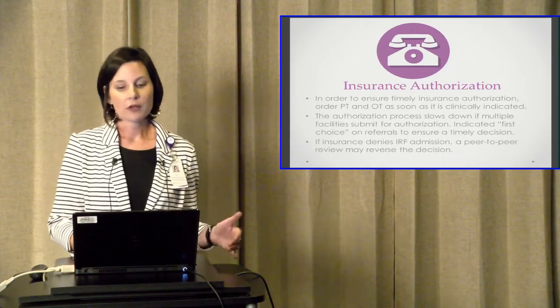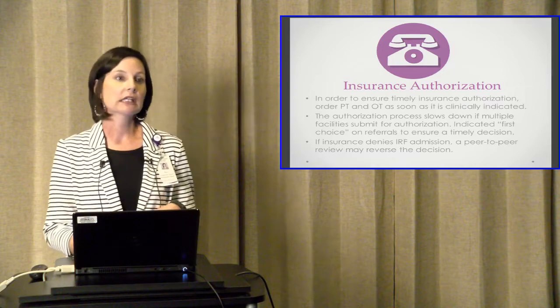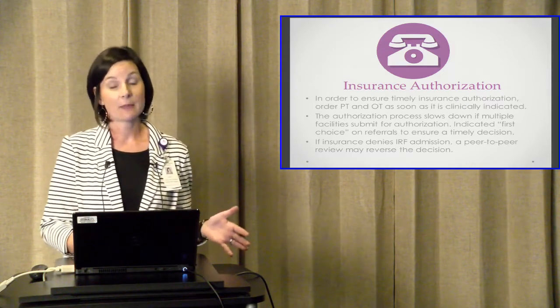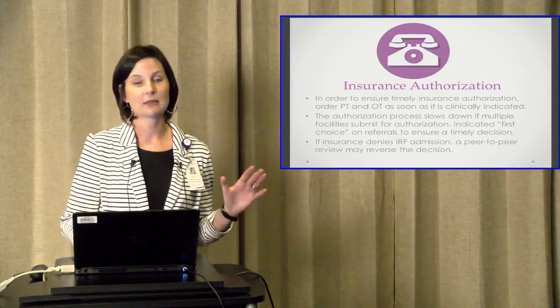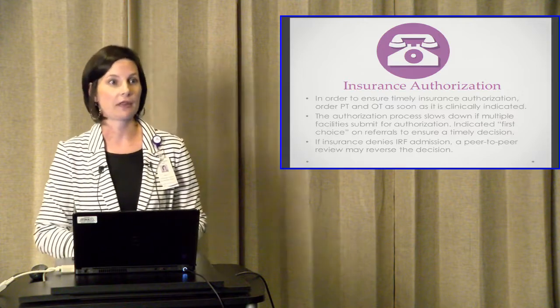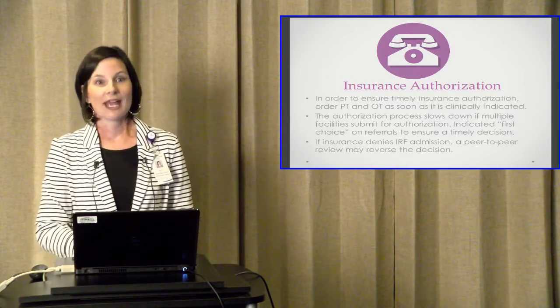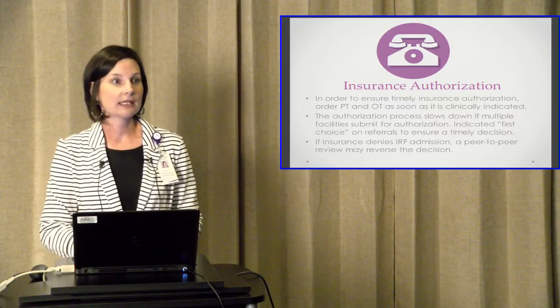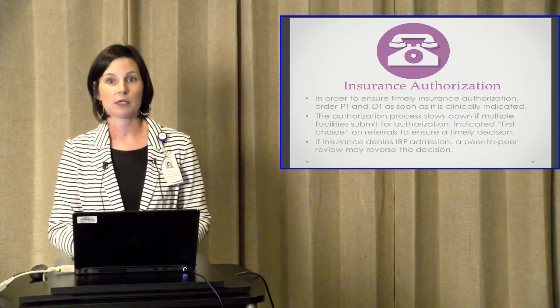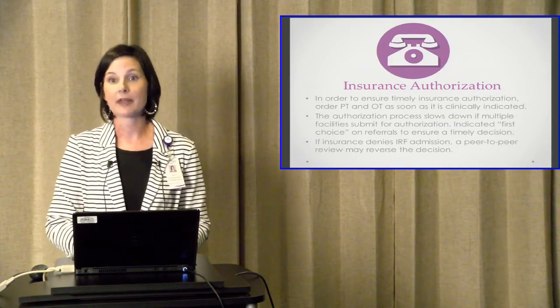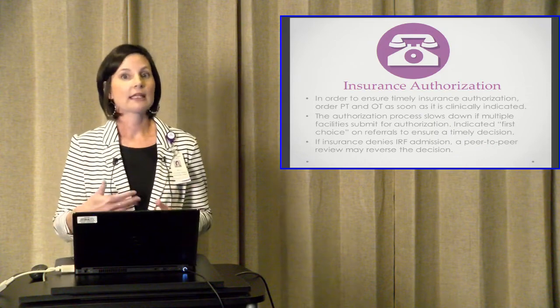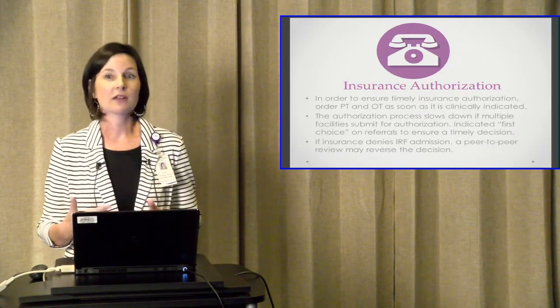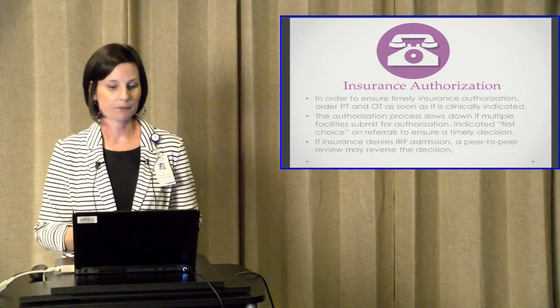If you can order that PT and OT as soon as it's clinically indicated, not only does that benefit the patient because they're already getting some intensive therapies by our acute care therapist, but also we have good notes. And so as soon as you're ready to discharge your patients to inpatient rehab or a skilled nursing facility for that matter, those notes are readily available and the process moves a little bit faster, a little bit smoother.